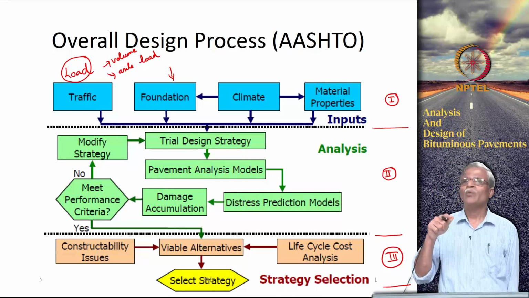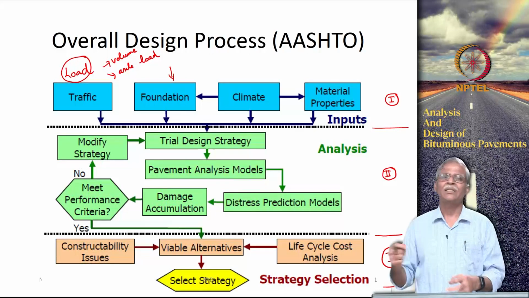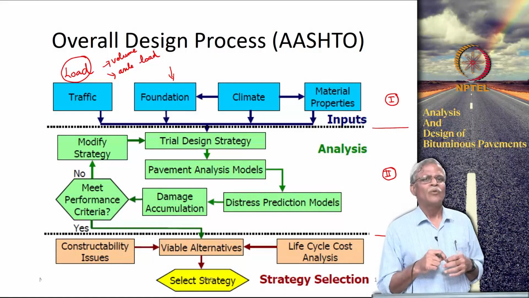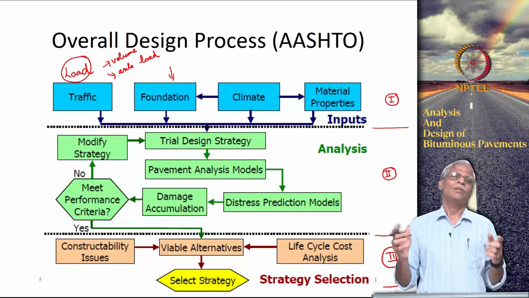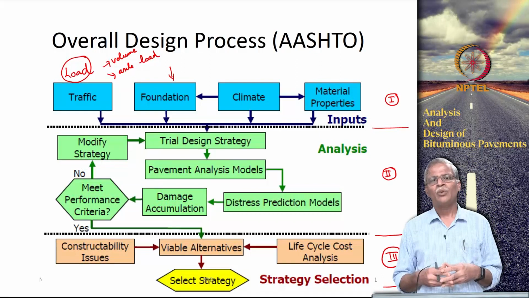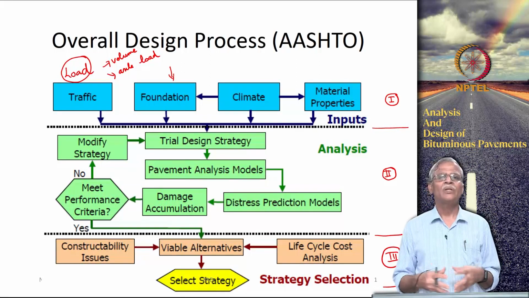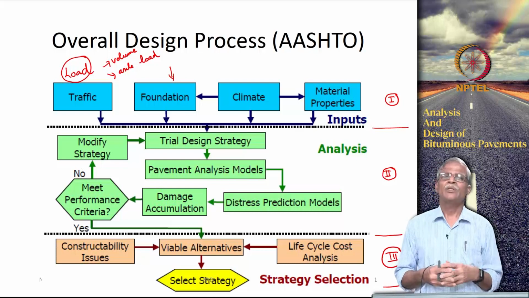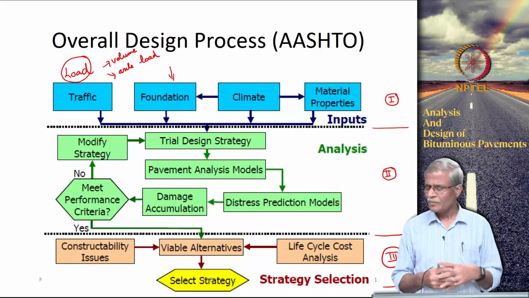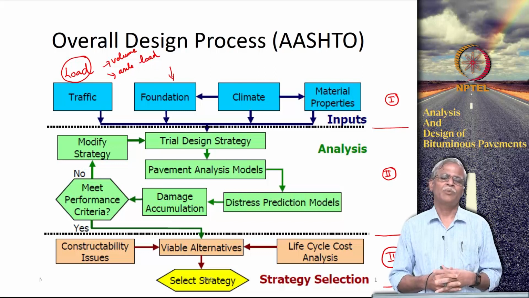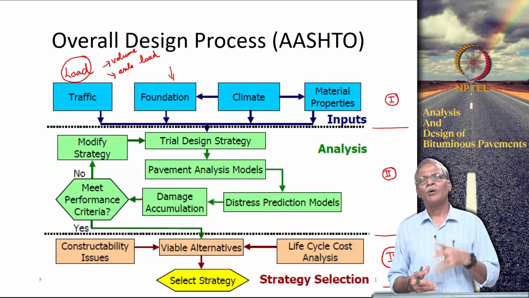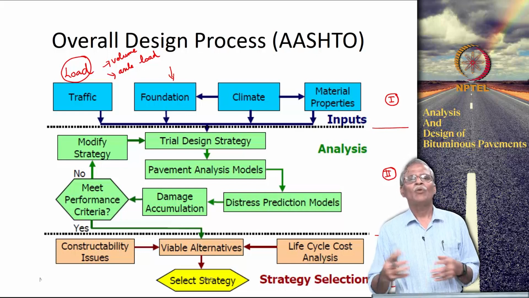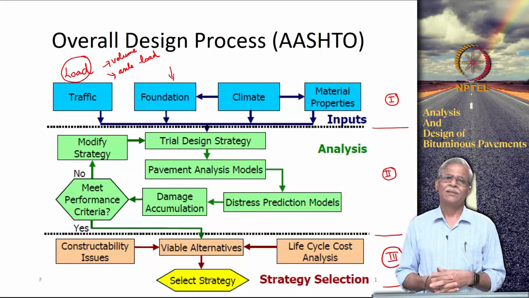Now, this is where I want to keep making the distinction as we go along. So, when you are going to construct your bituminous pavement, depending on the country you live in, someone will say, go find out the CBR value of the subgrade, if it is going to be for bituminous pavement. If it is going to be for concrete pavement, they will tell you, go find out the modulus of subgrade reaction.